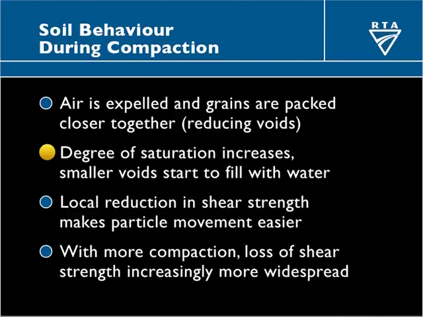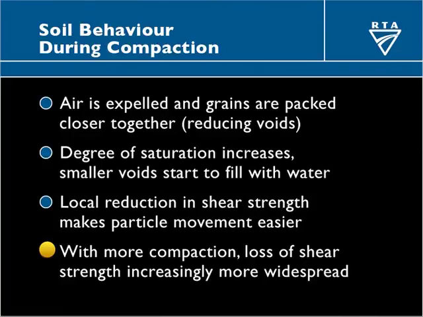What that results in is a local reduction in the strength of the material. Whenever a small void, as part of this, becomes filled with water, it transfers the loads that are imposed on it to all the other particles it's in contact with, rather than just to the next particle that is in physical contact with the one adjacent to it. And it makes it easier to move them around.